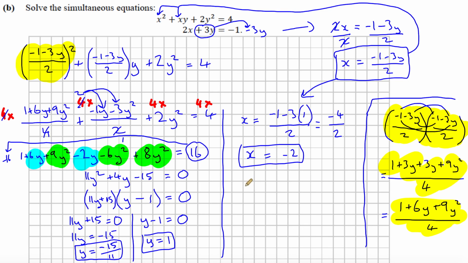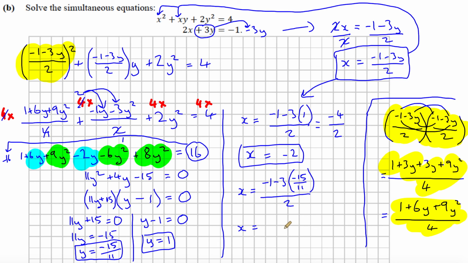My first one, and then my other one is when I substitute the other y value into the same equation. So x is equal to minus 1 minus 3 by minus 15 over 11, and then that's all over 2. So I'm just going to put all of this into the calculator.